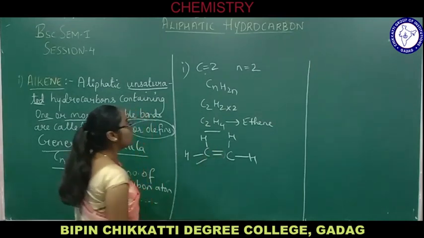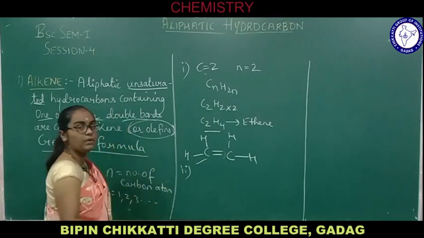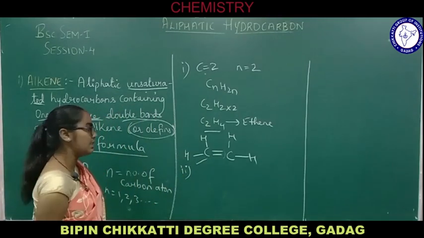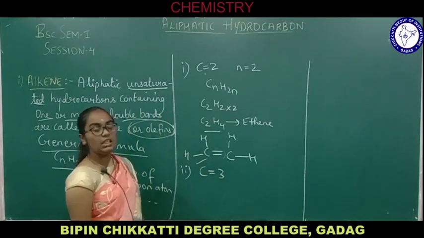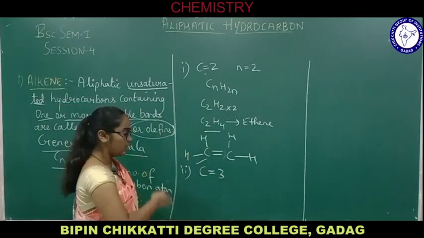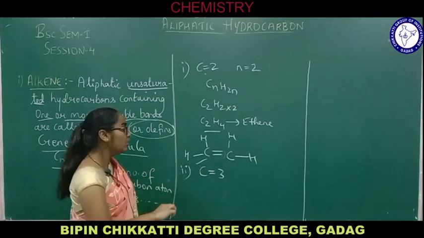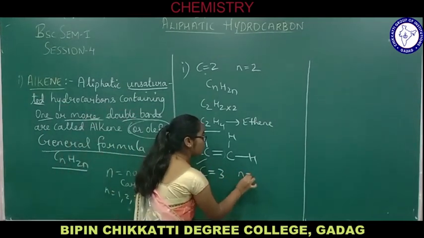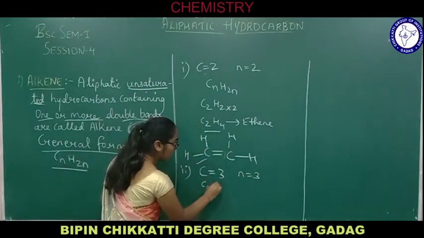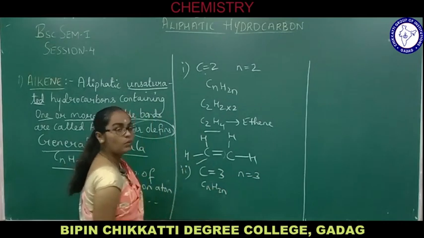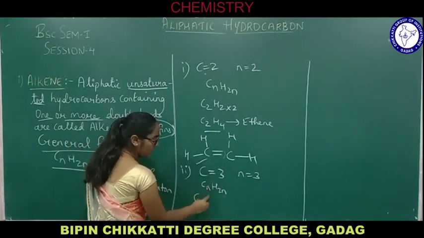Now let's go towards the second member of the alkene family, with 3 carbons. We are going to write 3 carbons in a straight chain. So n will be substituted with 3. The formula was CnH2n. Let's substitute n as 3.